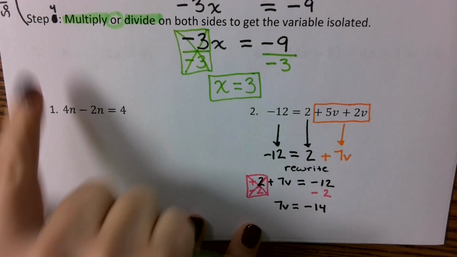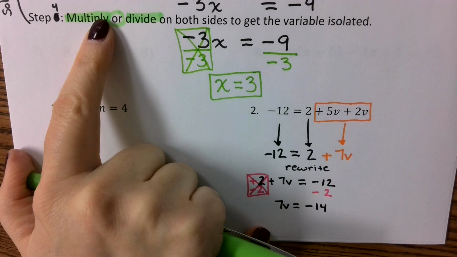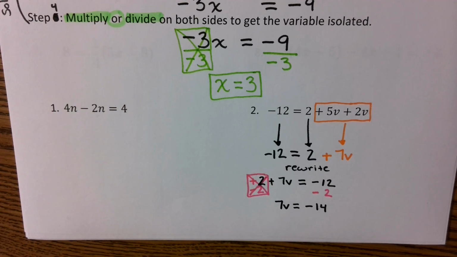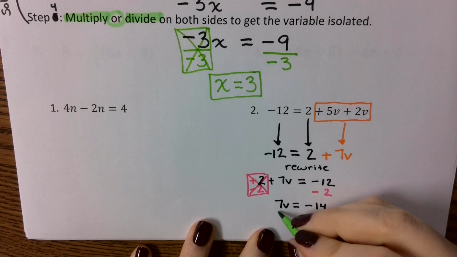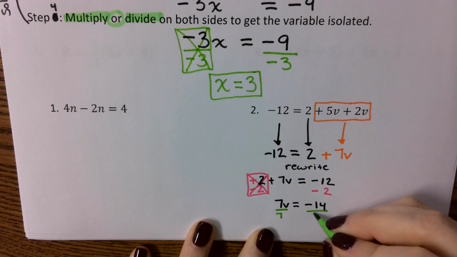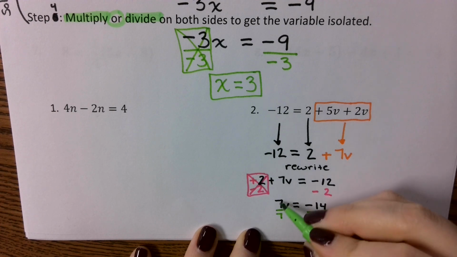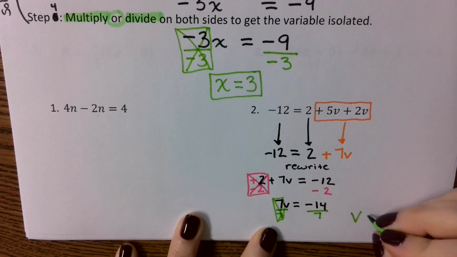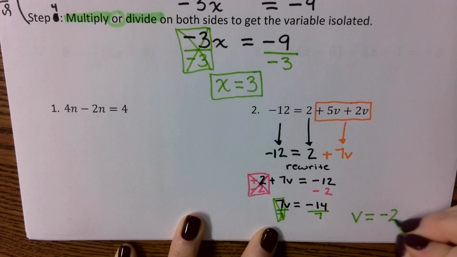Remember, step 4 says we're either going to multiply or divide. Which one do you think we need to do? We're going to multiply or divide? Will? Divide. And what are we going to divide both sides by? 7. Okay, we can box and cross the 7s. And we'll have v is equal to negative 2.